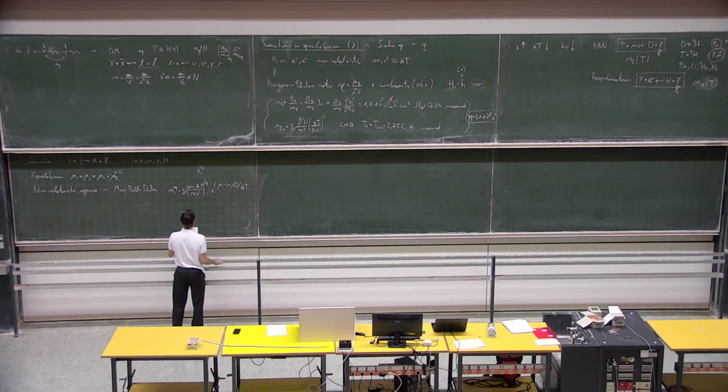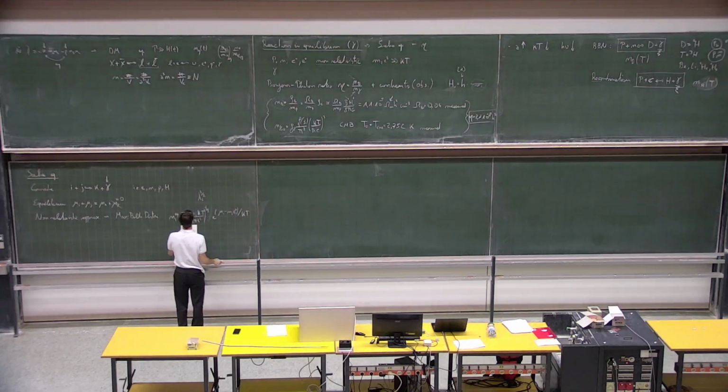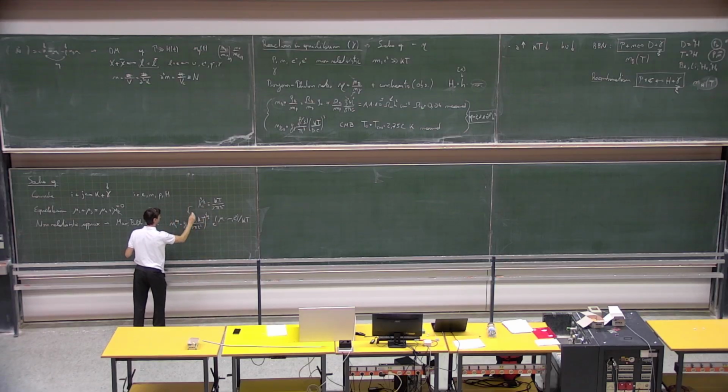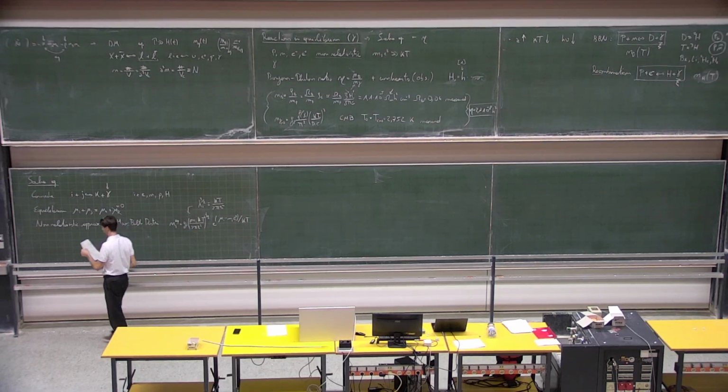It's easier. Lambda to the 3 halves is going to be kT over 2 pi h bar to the power of 2. Okay? Definition. So just to simplify the life.